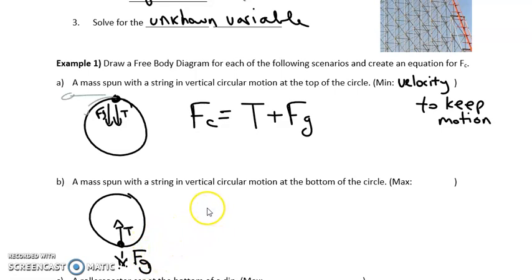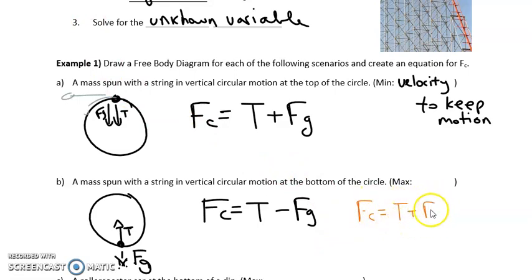And so in this case, the centripetal force is equal to the tension minus the force of gravity. Another way to put this, you could write it as the centripetal force equals the tension plus the force of gravity, where tension is positive and the force of gravity is negative.